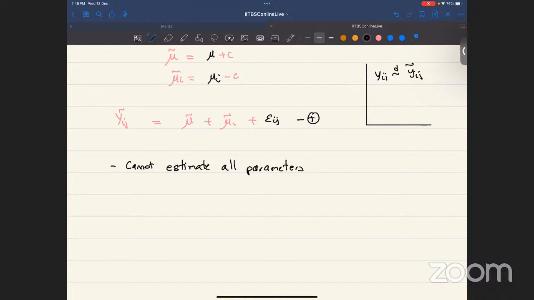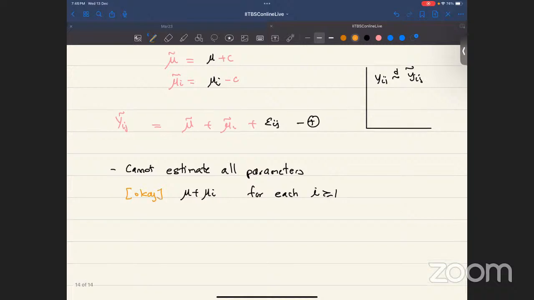But you can estimate mu plus mu_i. You can't identify mu_i for each i. This is okay to do, so let's try and justify how to do this in a second.